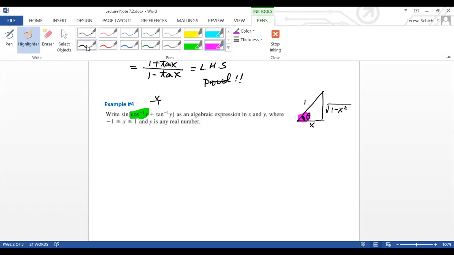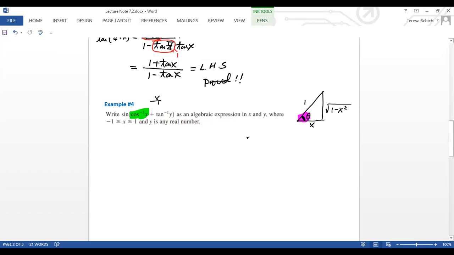Now I'm taking a look at the arctangent y. So it's another triangle, and instead of theta I call it phi. Tangent is opposite over adjacent, so y equals y over 1.